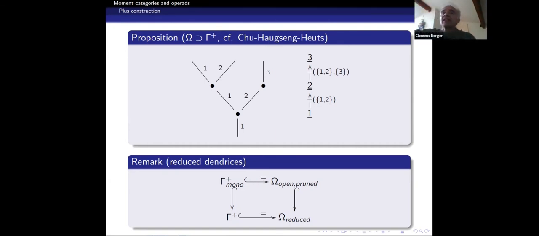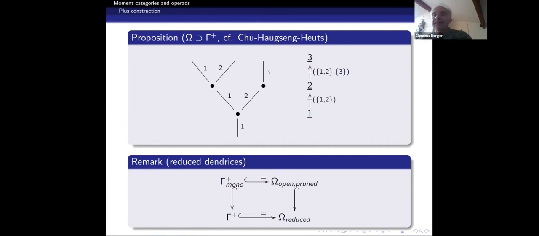So for instance, on the picture above, if instead of 3, I would take the empty set and I would replace the target 3 by 2, then I would have to drop the edge labeled by 3, and this gives rise to a stump, a vertex with no incoming edge.